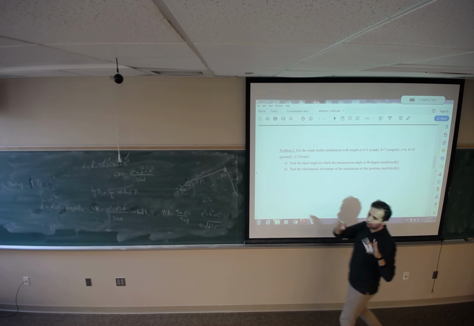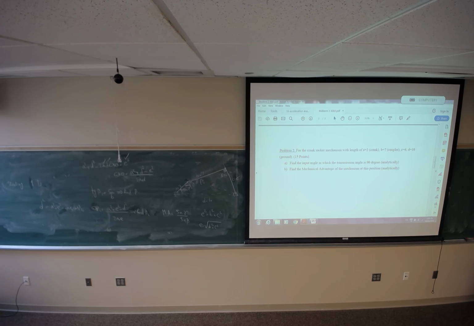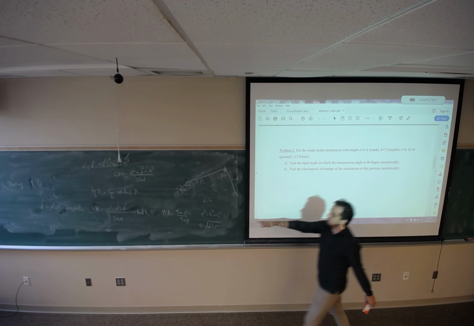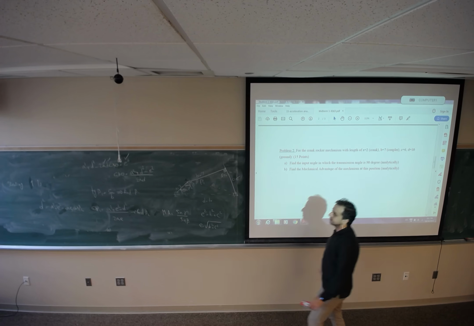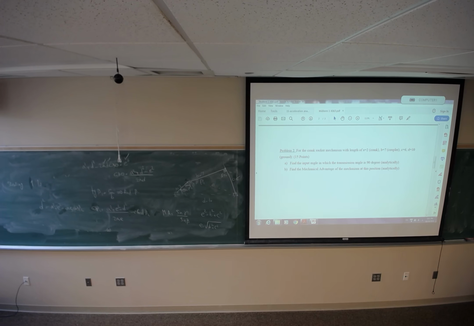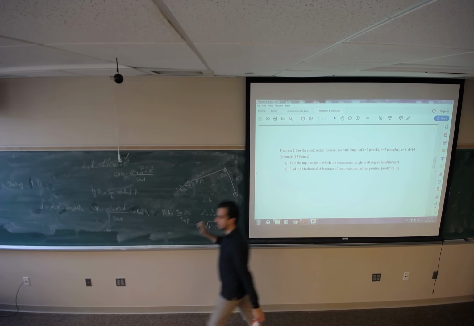If you remember, we call beta the deviation angle. Is that the mechanical advantage? So the mechanical advantage was this ratio, sine of the transmission angle over sine of beta. Any question on this?